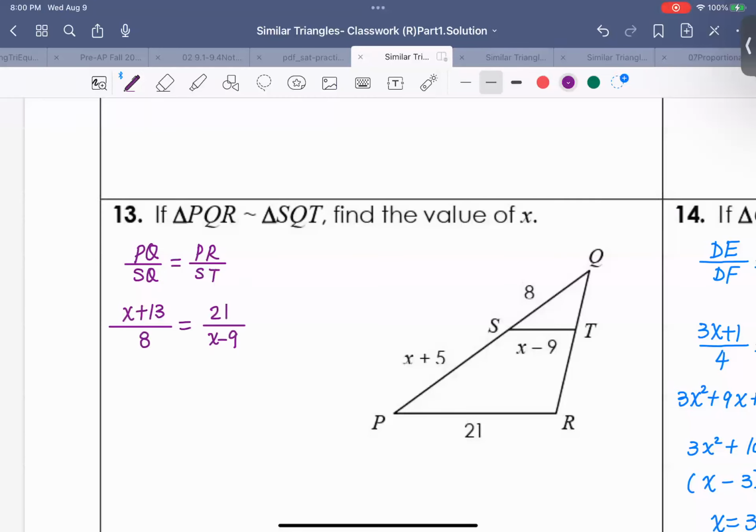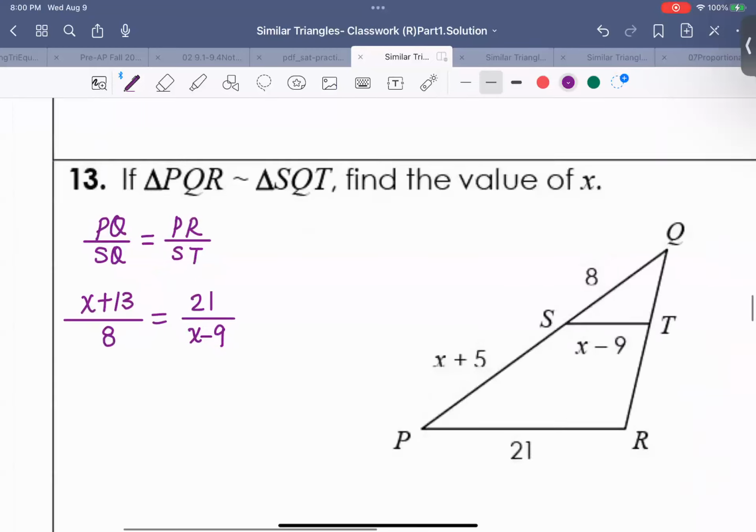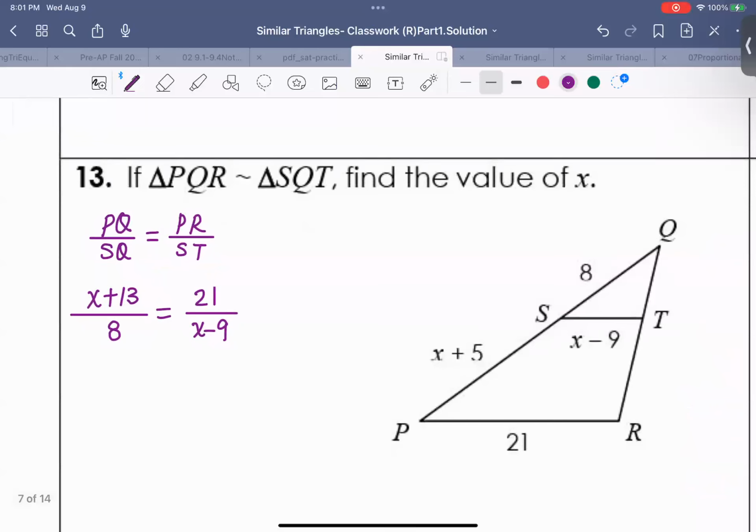And then let's do the cross multiplication, please.